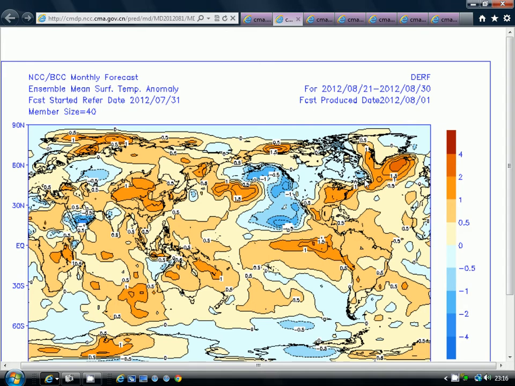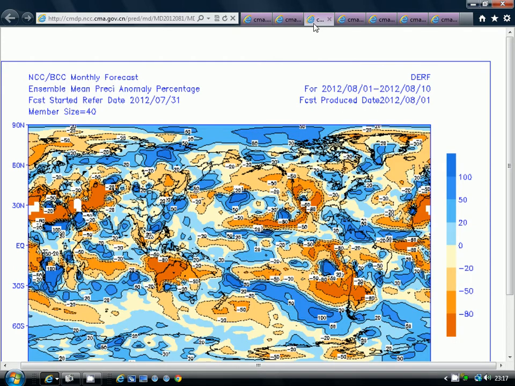So the temperatures do start to drop off, the Beijing Climate Centre is forecasting, once we get through to the last 10 days of August, with the warmth really becoming confined to these southern and southeastern states, with the north, the west and the northeast beginning to turn cooler.